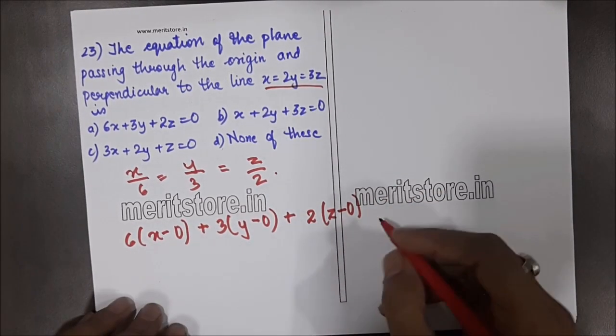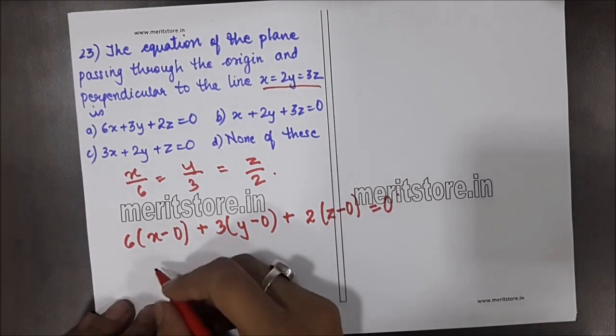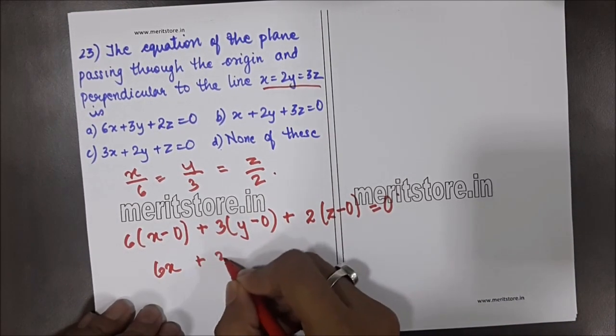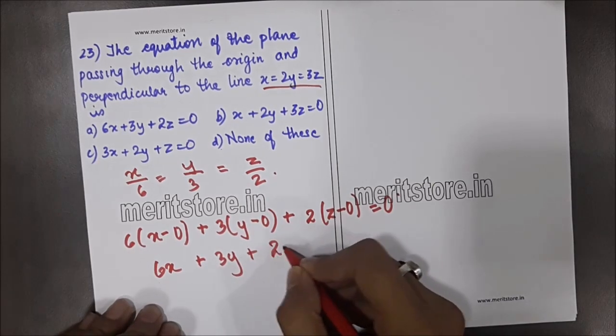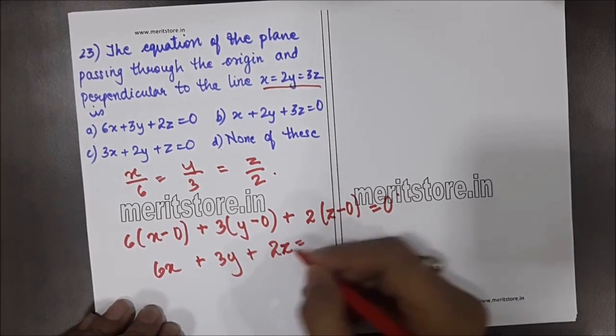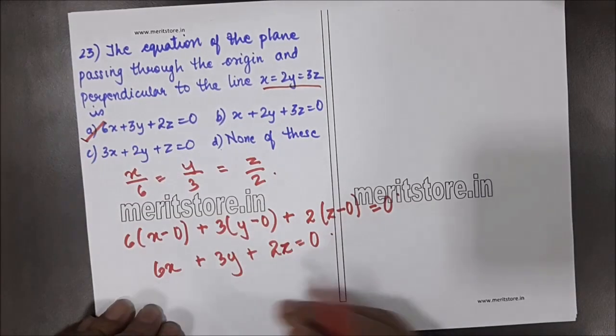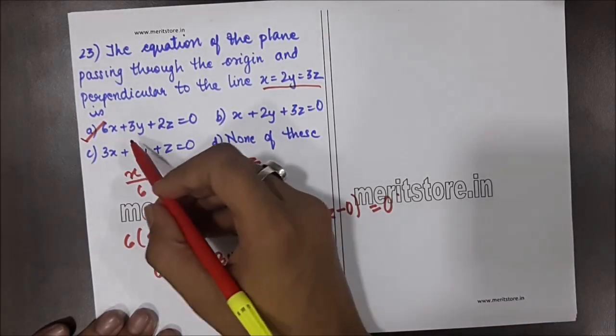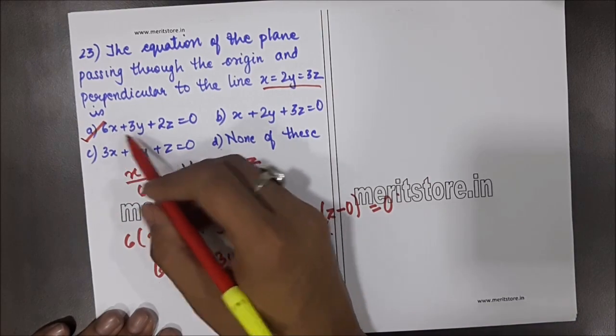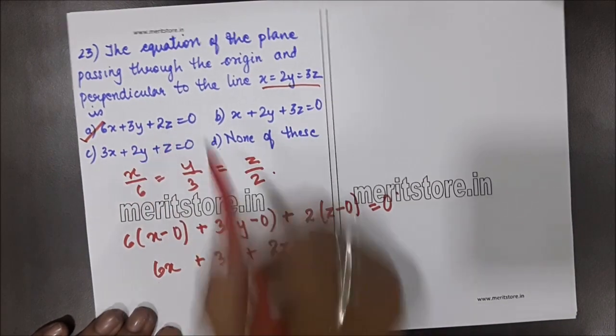So from this we know that the correct answer would be 6x + 3y + 2z = 0. So the correct answer is option A.